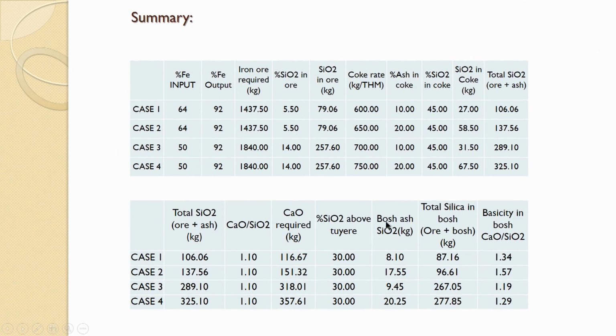Because 30% of the SiO2 goes into the Bosh region, based on that we calculated the SiO2 present in the Bosh, adding them up we know the SiO2, we calculated the lime requirement, and from the rest we calculated the basicity of the Bosh slag in this form.